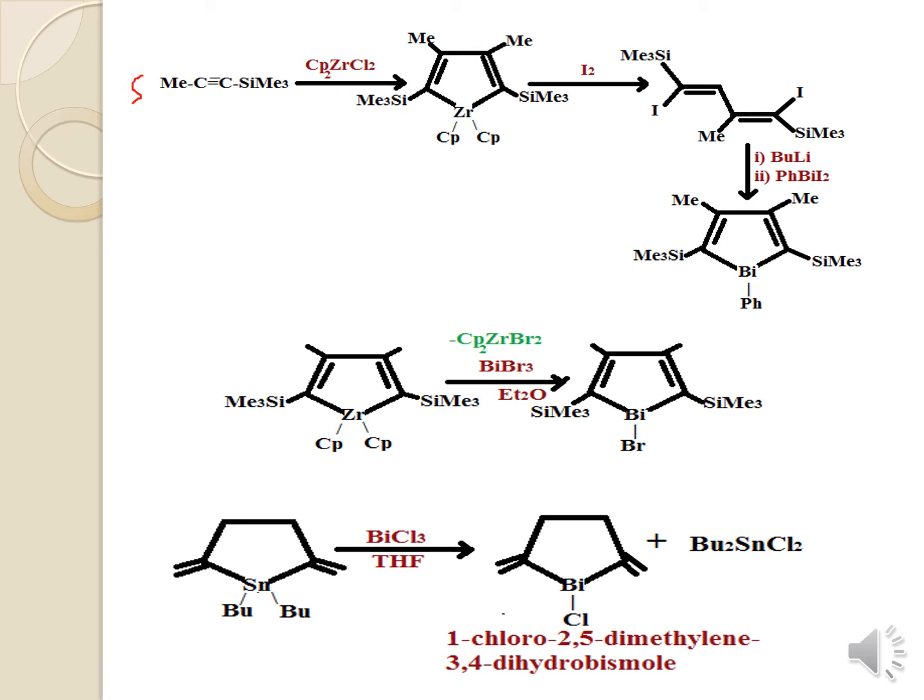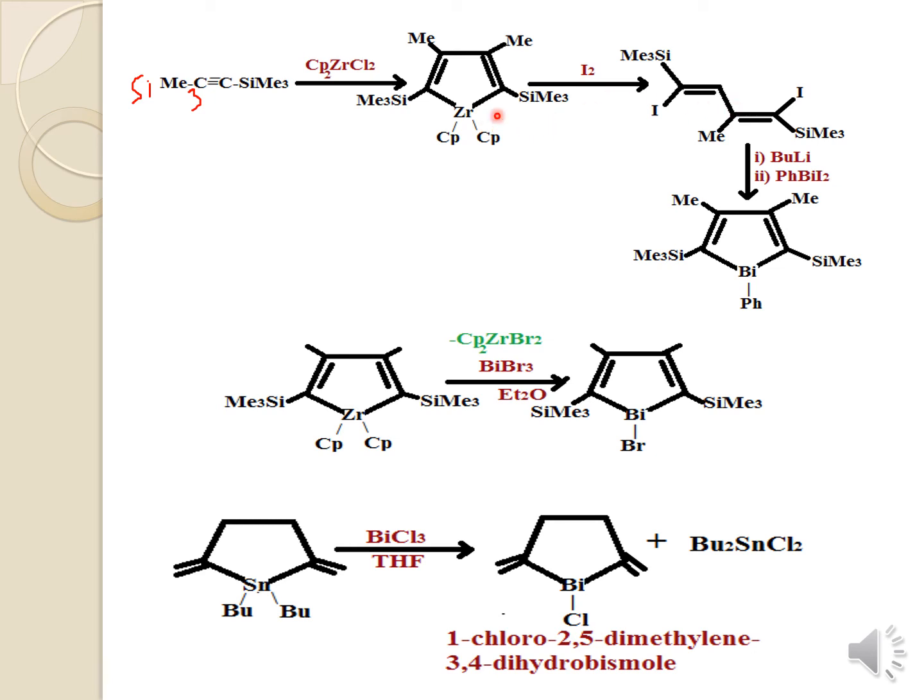Just make a slight change over here. If you write it as SiMe3 twice, C triple bond C, SiMe3, then only this reaction will take place. That's why you are getting two SiMe3 groups over here.